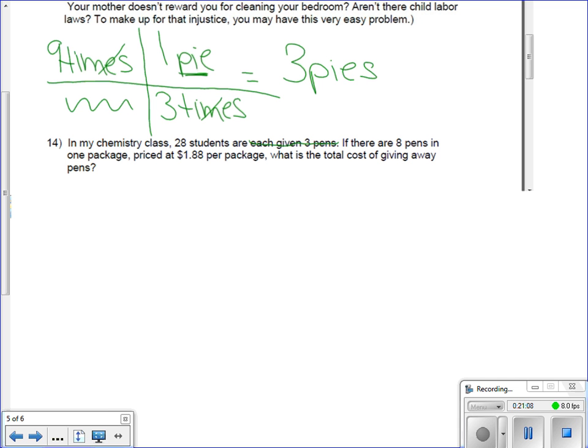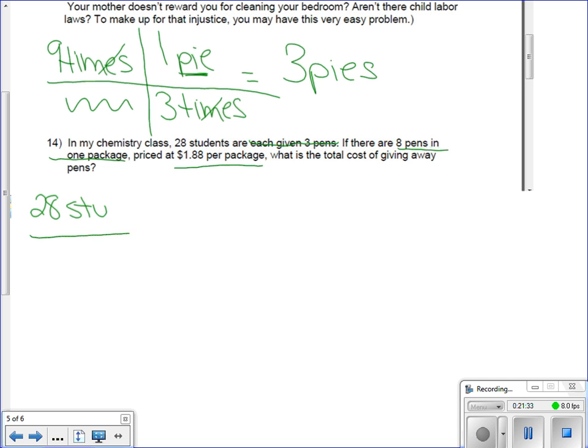There are 8 pens in one package. So that's a conversion. Priced at $1.88 per package. So a package of pens is $1.88. What is the total cost of giving away pens? So the only number that I don't have marked as a conversion factor is 28 students. So that's what we start with.